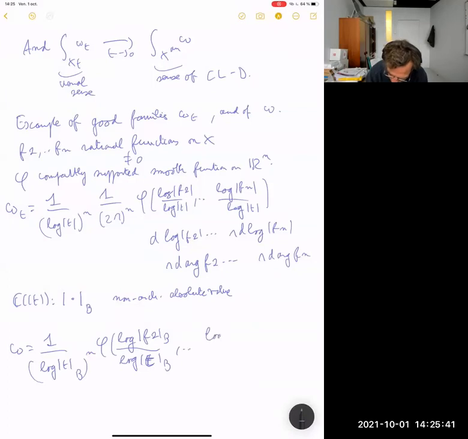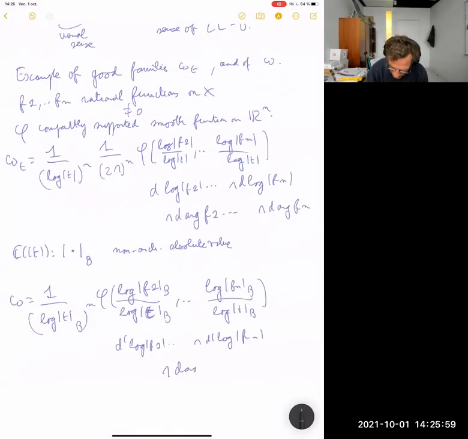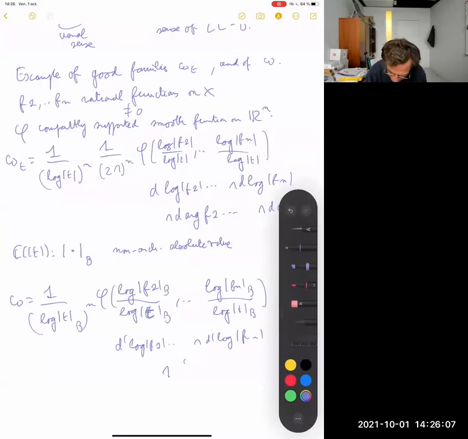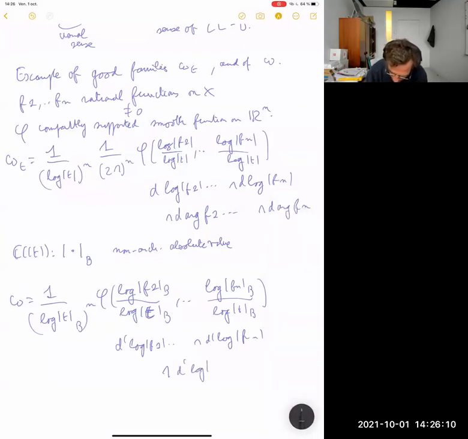The same with fn Berkovich, log absolute value of t Berkovich, and then d' log f1 wedge ... wedge d' log fn wedge, no, d'', there is no d argument here, d'' log f1 wedge ... wedge d'' log fn.